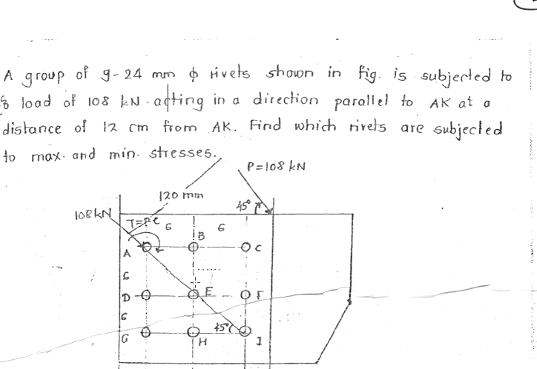Here E is the centroid, and the force has been applied at a distance of 120 mm from this line AEI. So from AEI this force has a perpendicular distance of 120 mm.